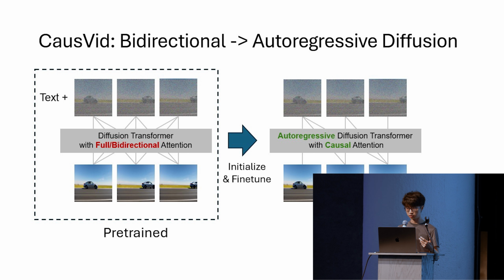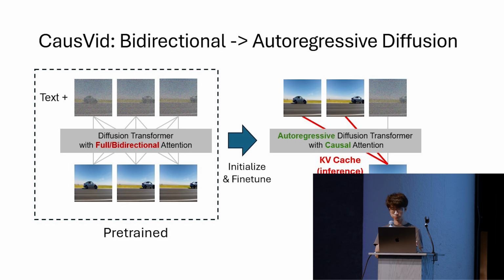We enforce mask constraints in the attention computation so that each token can only attend to tokens in the same frame or in previous frames. So it obeys this temporal causality constraint: only the past can affect the future, but the future cannot affect the past.